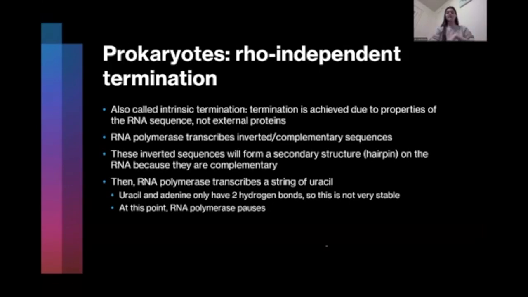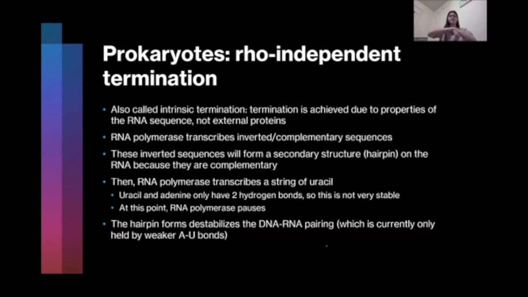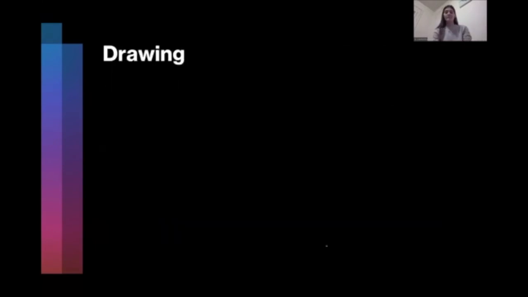So that hairpin is going to destabilize the DNA, and that string of uracil causes the RNA polymerase to pause, and it's not very stable to begin with. It's kind of weak, and then our hairpin is going to destabilize it a bunch, and they're just going to separate. So let's draw what these inverted sequences look like so that makes a little bit more sense.